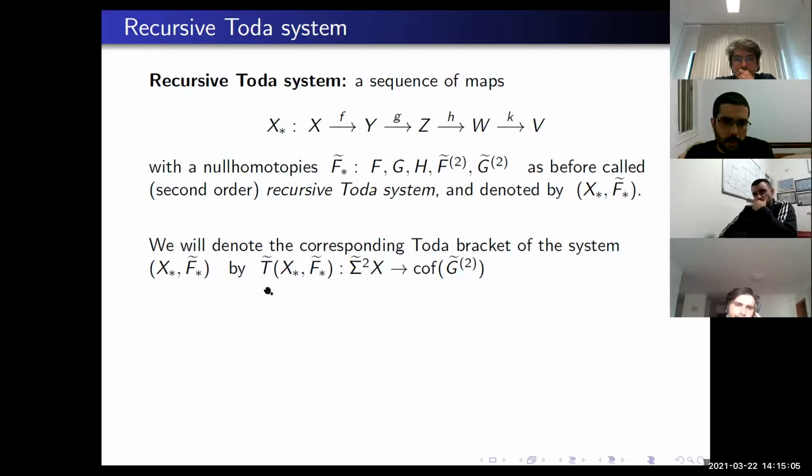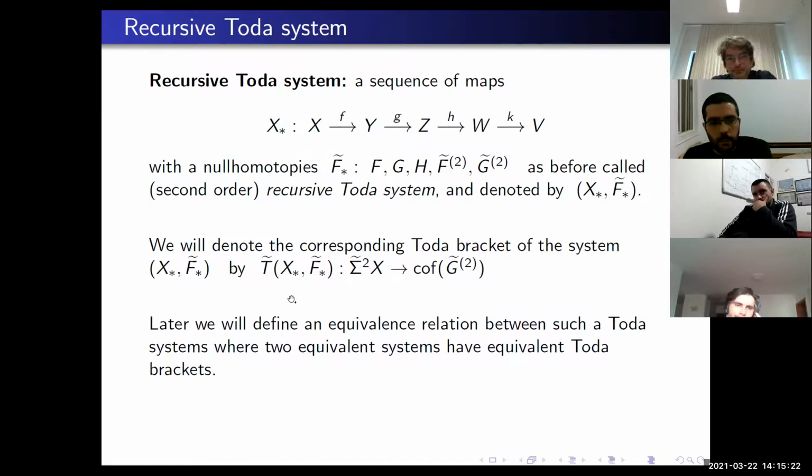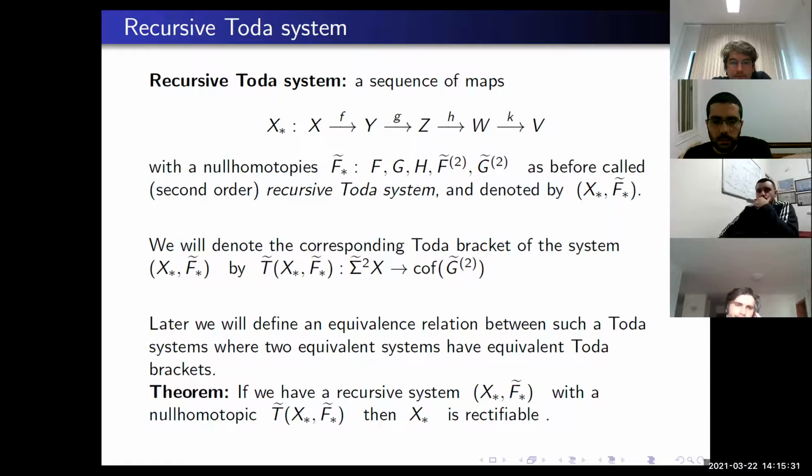I also use this notation for Toda now. But you see, I used it all the time with a tilde. So I can use the tilde for the recursive and for the cubical without this. Here also we later define the equivalence relation between Toda systems.